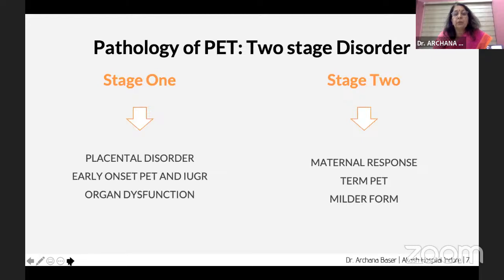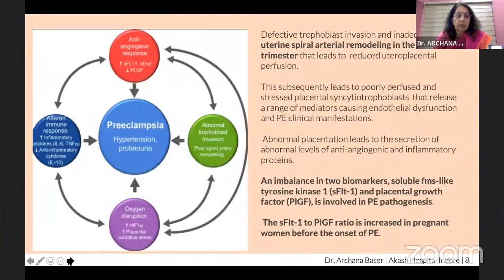The pathology of preeclamptic toxemia is a two-stage disorder. Stage 1 is a placental disorder, early onset preeclamptic toxemia and IUGR, with organ dysfunction. Stage 2 is the maternal response, term PET, which is a milder form.